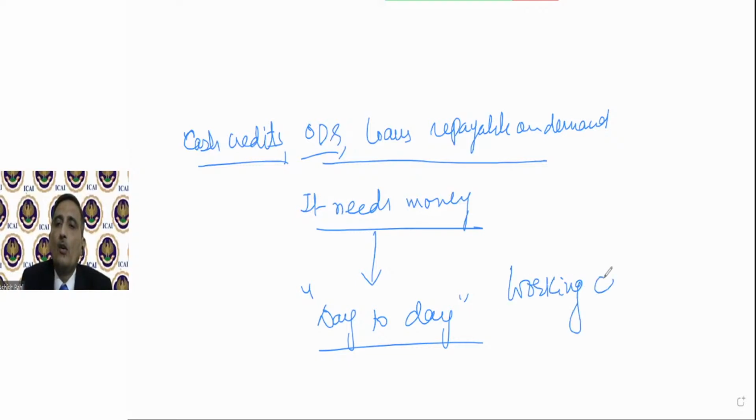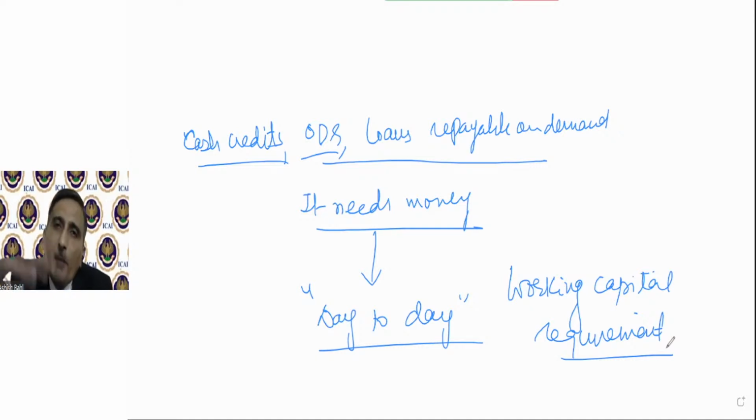You already know what working capital requirements are, because say in case of a manufacturing company, the company would be needing money for purchase of raw material, for payment of wages, and for paying electricity bills, which might be of huge amounts.